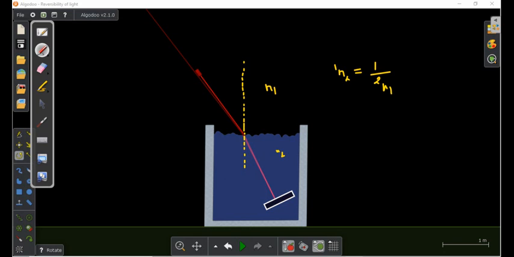This is the relation established when the ray of light retraces its path backward like this.